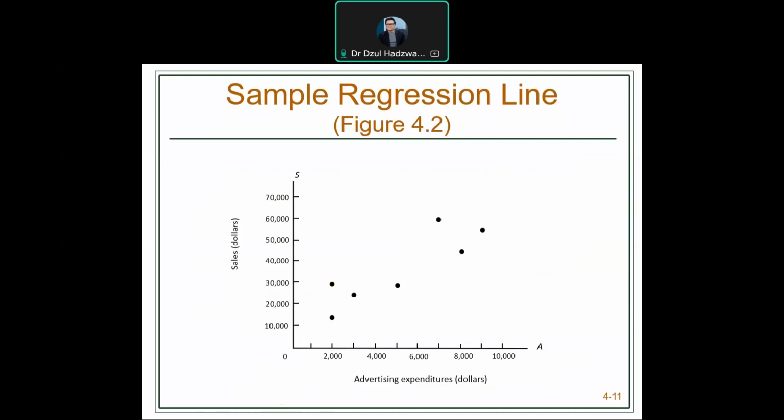Let's say sales is our y, our dependent, and x is our independent, the advertising expenditure. Then we can compute the parameter. For example, in the slide here, we are able to construct the value for the constant, and also the parameter for the independent variable.